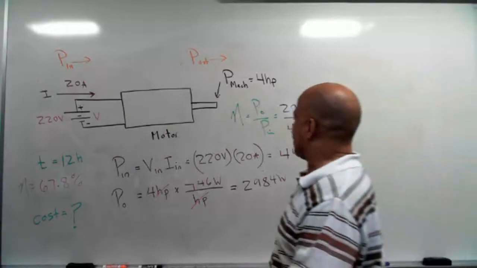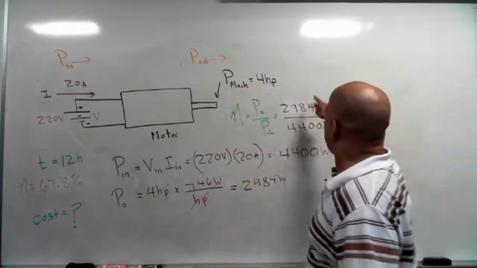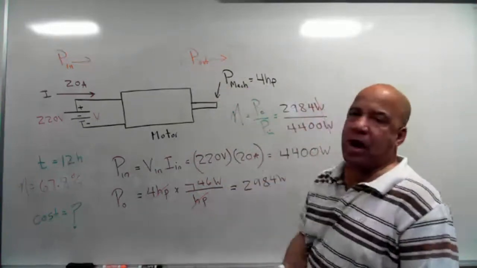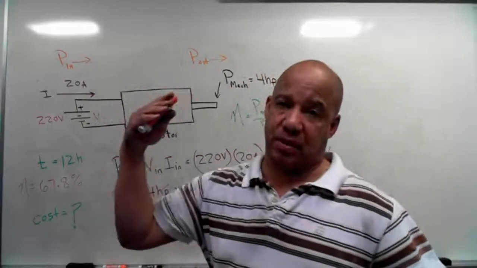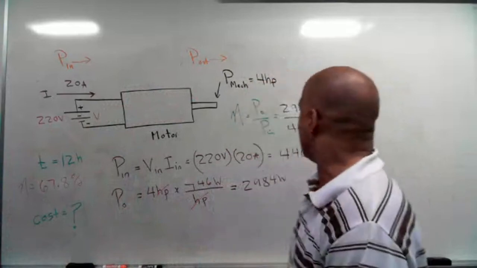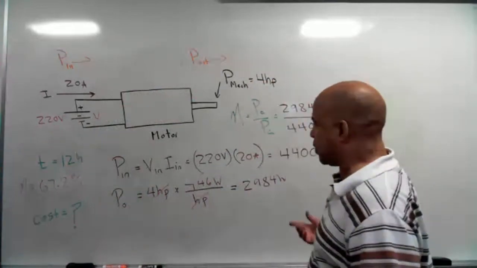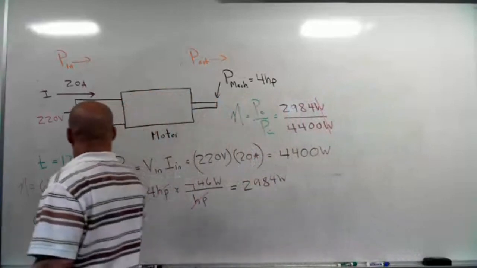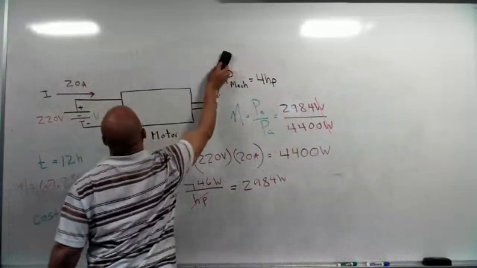Now let's do the cost. For cost, which one of these powers do I use? I've got to get power times hours. I've got to get kilowatt hours. But in getting kilowatt hours, do I use the 4400 or do I use the 2984? Which one does it make sense to use?